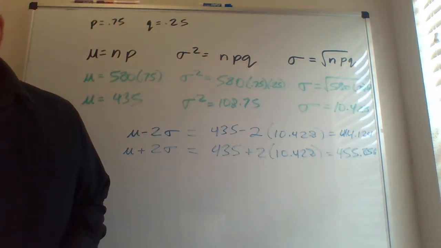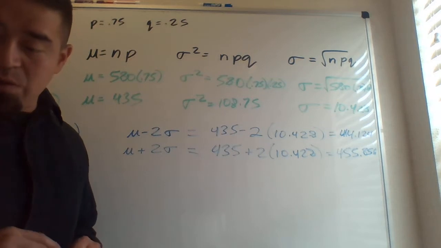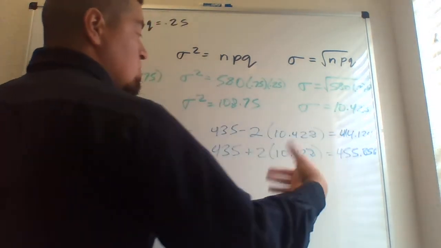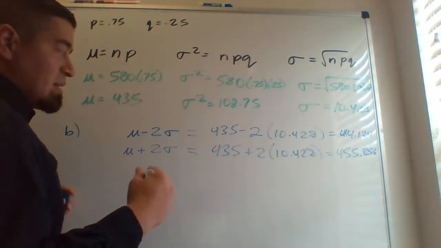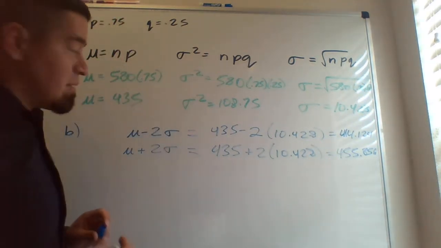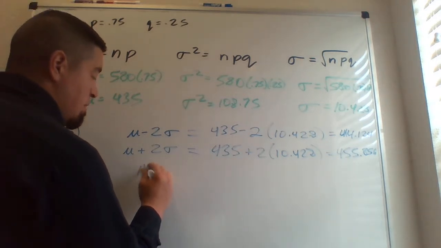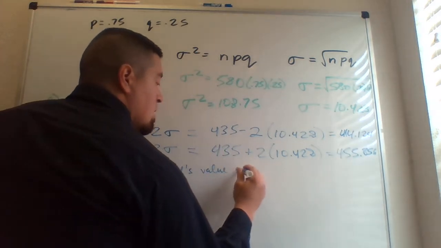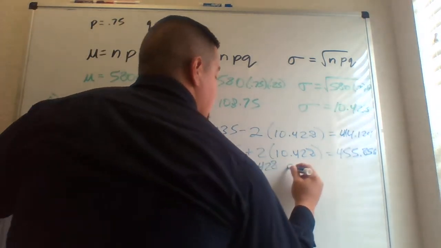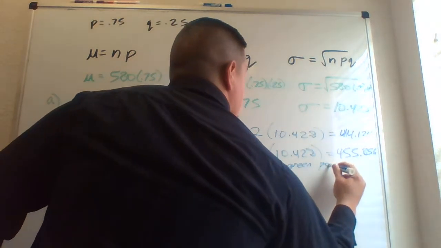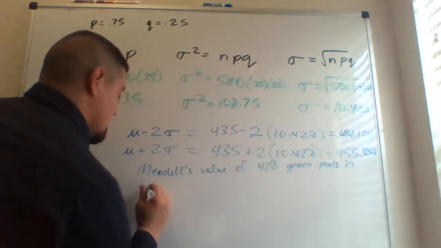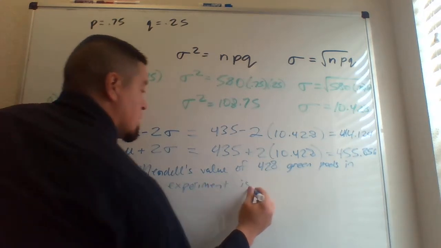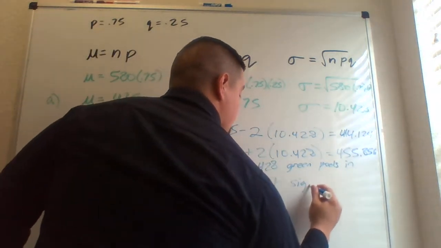Mendel's value in the actual experiment was 428, which falls within these two values, so it's not significantly different from what he predicted. So Mendel's value of 428 green pods in his experiment is not significant.